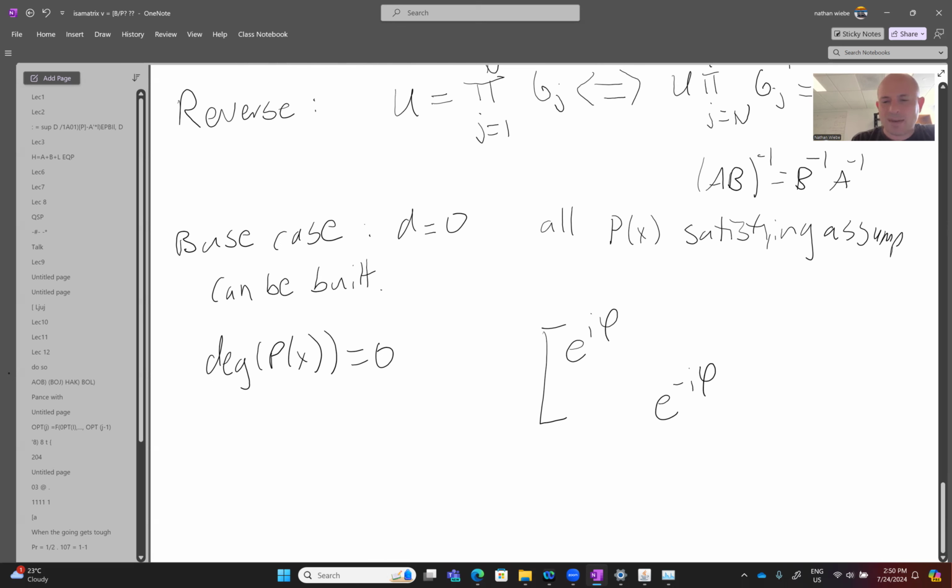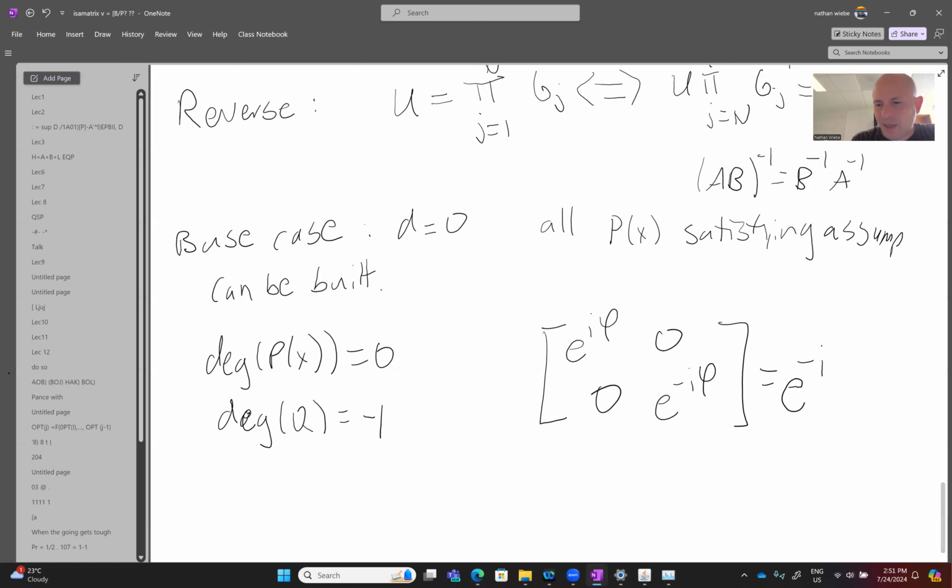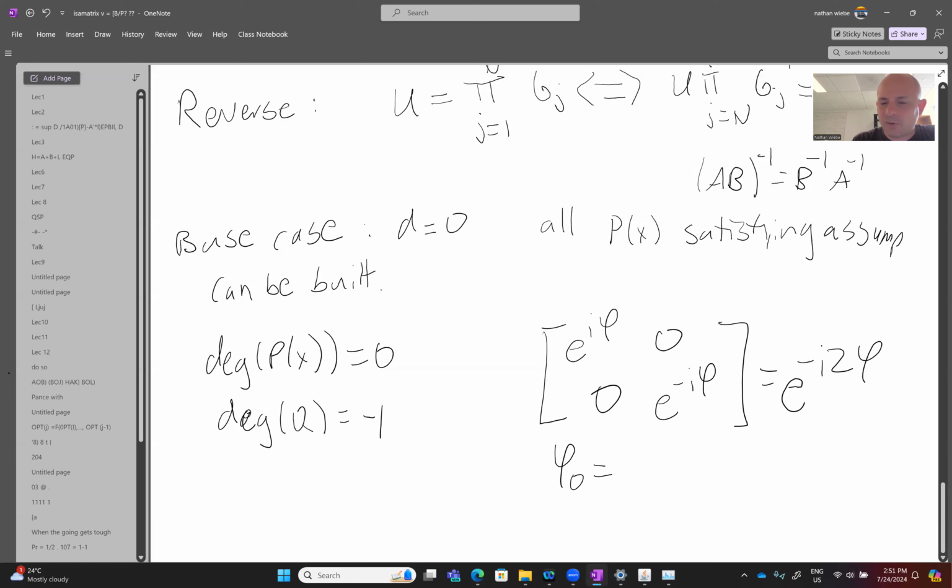And if it's also a valid one, then the degree of q has to equal -1, so these have to be 0 in here. This is just equal to e to the negative i z phi, and this corresponds to the case where phi 0 equals phi. So trivially, we can build every polynomial that satisfies that criteria. So that ends up working just fine.